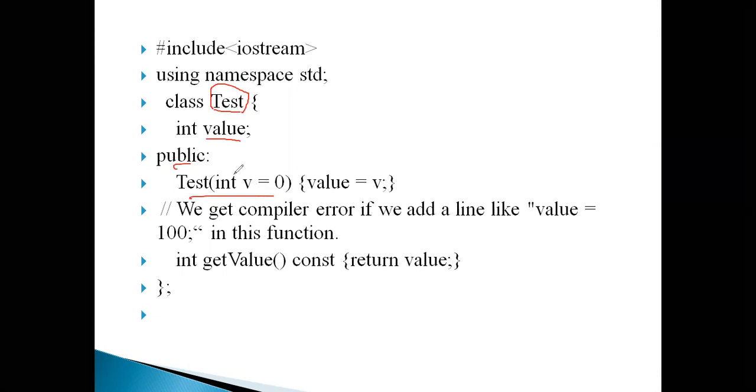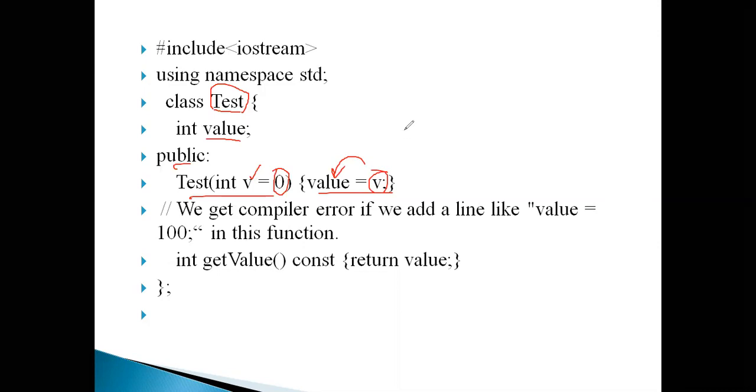Here I specify a member function Test, and in the parameter I specify v equals 0. We already know this is a default argument. We can pass the arguments also like this. Now value is equal to v, which indicates that whatever value we pass to v will be assigned to value.